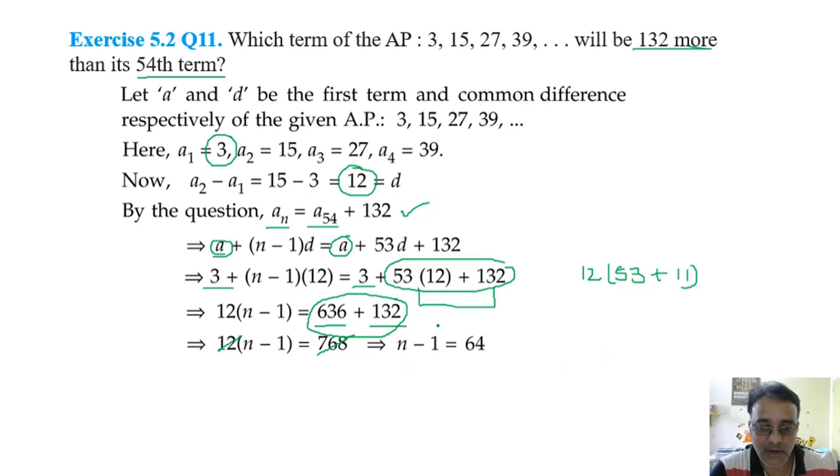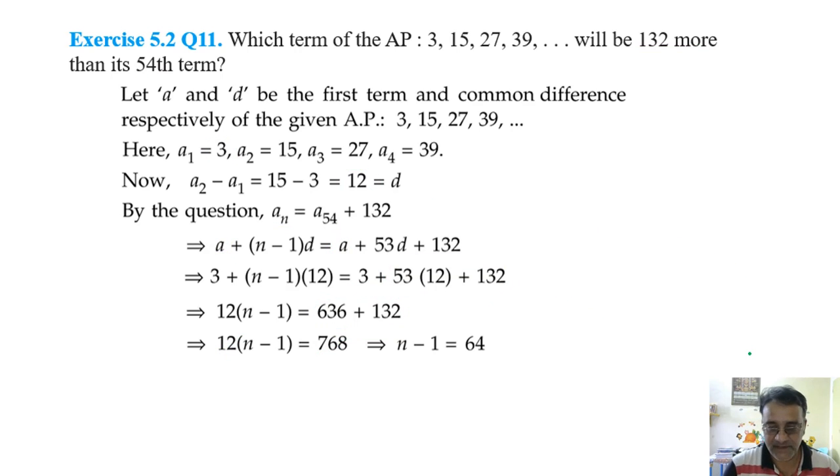Right, this is one way. Another way, I told you 12 into (53 plus 11). So the 12 here and the 12 cancel, and we'll get 64. Okay, without multiplying, without adding also we can do it. Is this way clear to all of you? Yes, sir. Okay, fine.